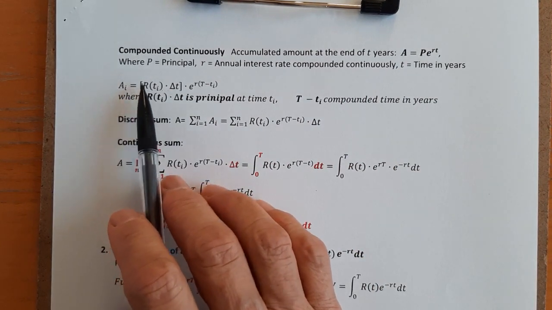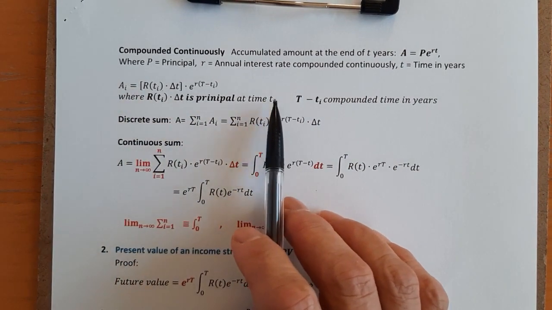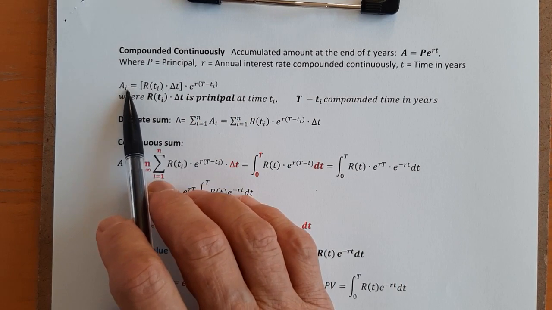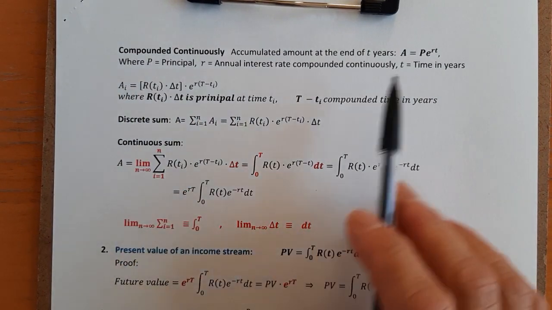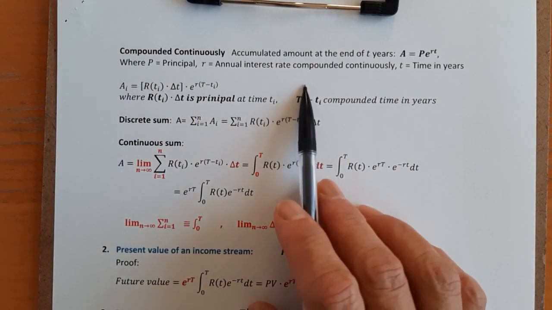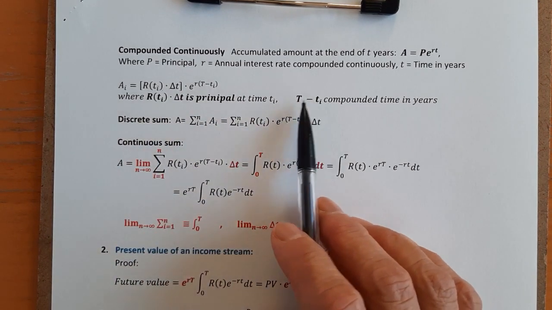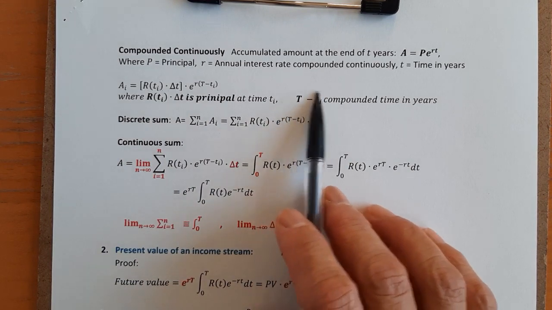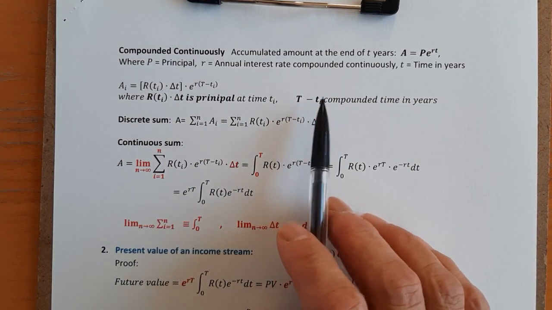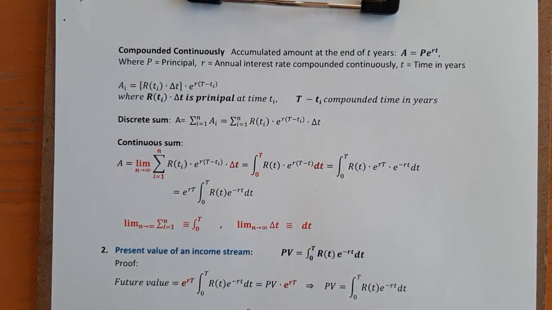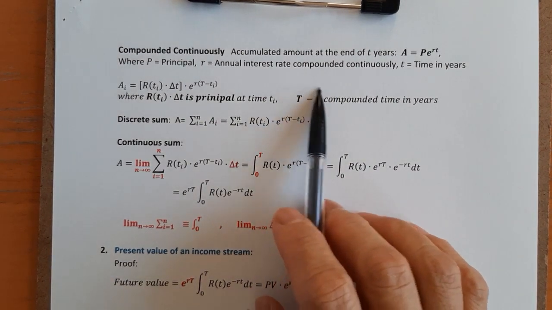So this deposit at time ti, the future value up to capital T, from ti to capital T, is capital T minus ti years, compounded so many years.